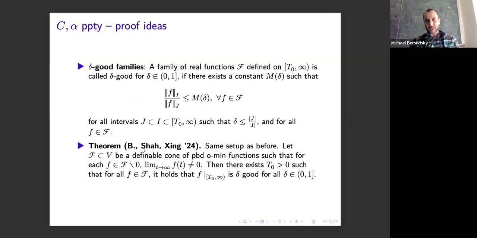Now I want to do two things. First is to give you an idea of how this is proven, and how this will imply the C alpha good property.